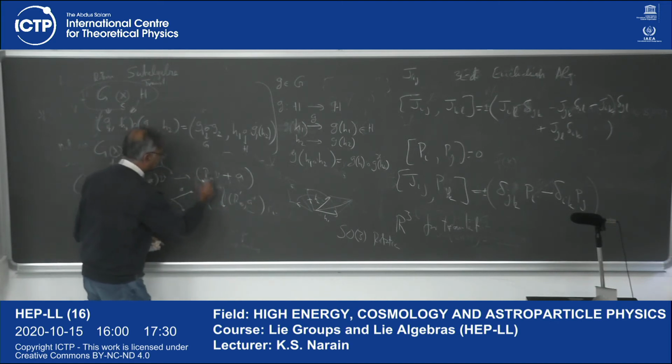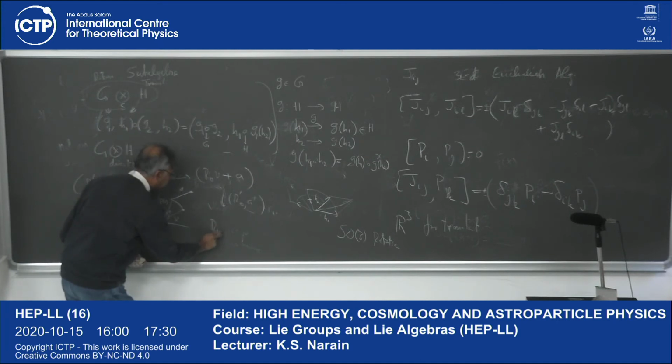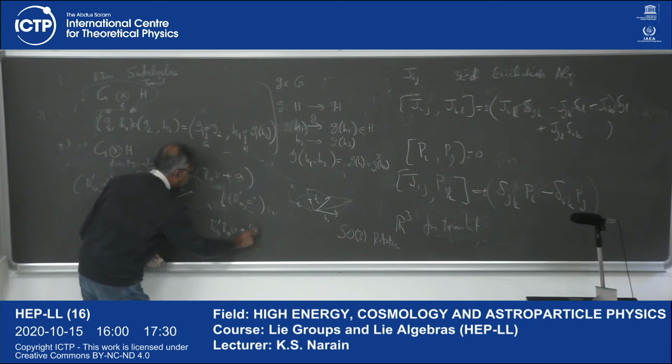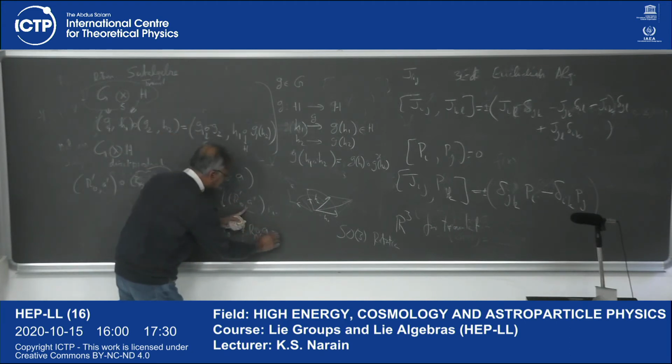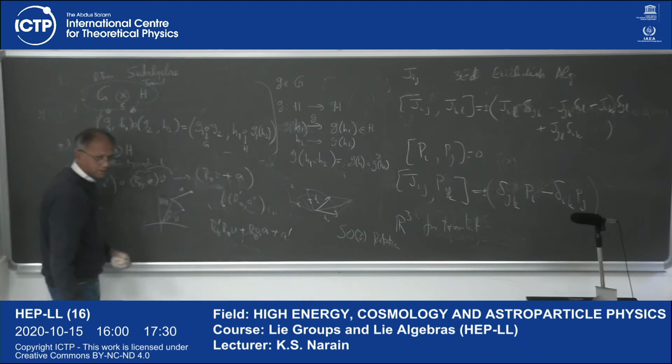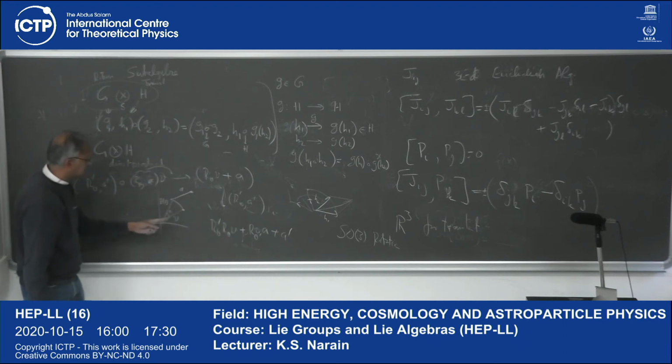The result will be: I rotate this whole thing by R theta prime. So it's R theta prime R theta V plus R theta prime acting on A. This is just a rotation acting on this. And now I add this A prime. So you see in the composition rule, what has happened?